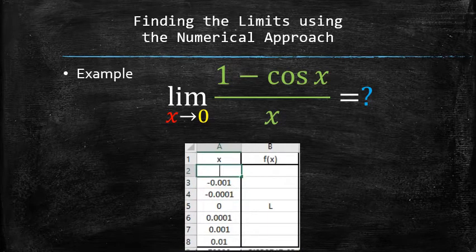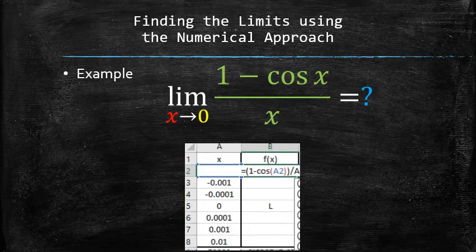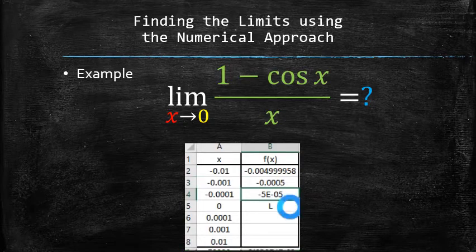And then for each of the inputs, we're going to find the output using the definition of the function: 1 minus cosine of the input divided by the input. And then we will apply this definition for all inputs in this neighborhood.